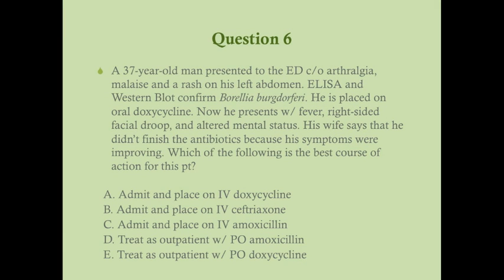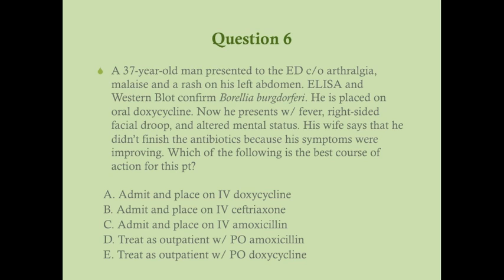Okay, so this is the same patient, 37-year-old, coming in with what appears to be Lyme's disease. It is Lyme's disease after we've done ELISA and Western blot. He was put on oral doxycycline, and now he has a fever, right-sided facial droop, and altered mental status. His wife said that he didn't finish the antibiotics because his symptoms were improving.